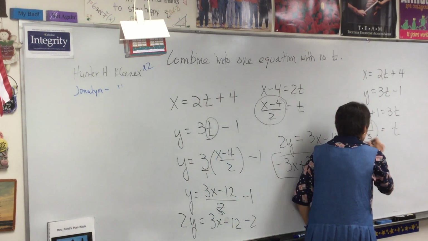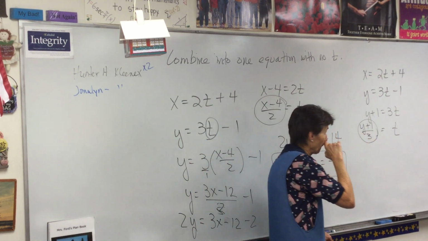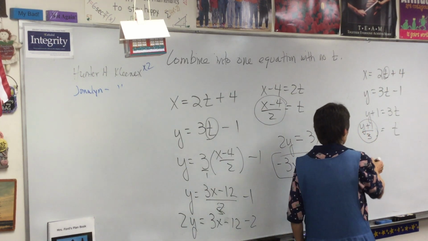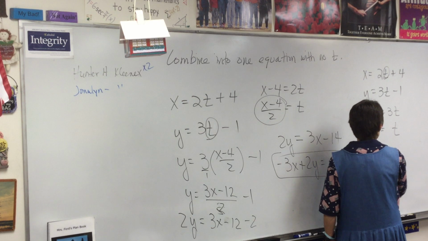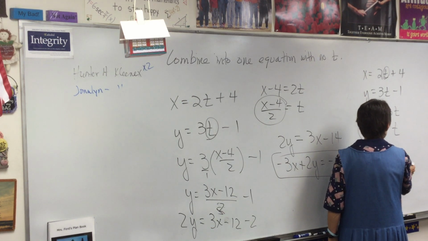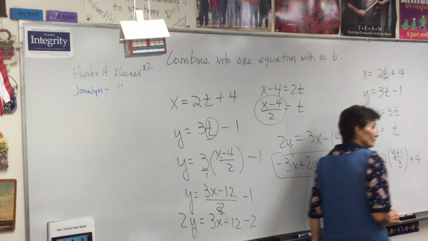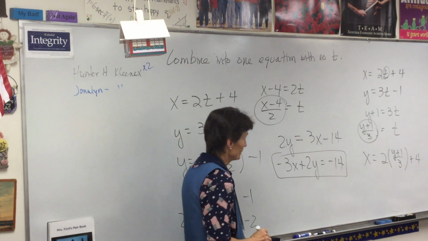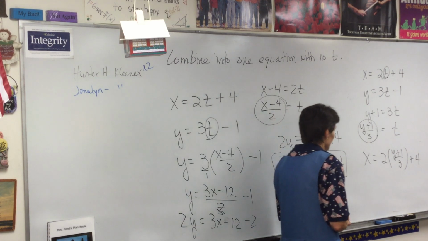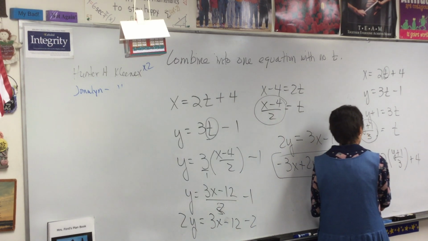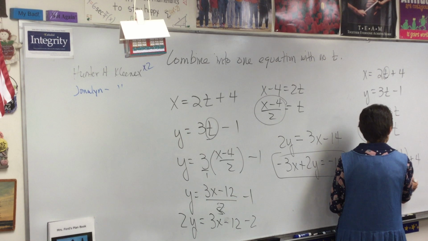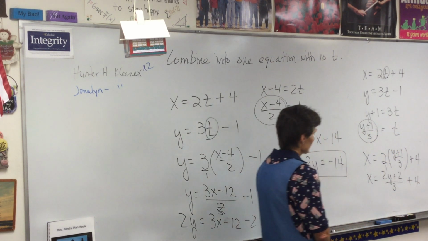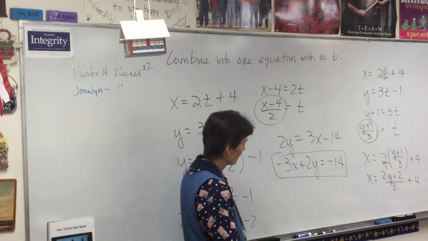Now I'm going to take this right here and put it right here. So x equals 2 times y plus 1 over 3, plus 4. Now I'll distribute. So 2y plus 2 over 3, because this is 2 over 1. So 2 times the top, 1 times the bottom.